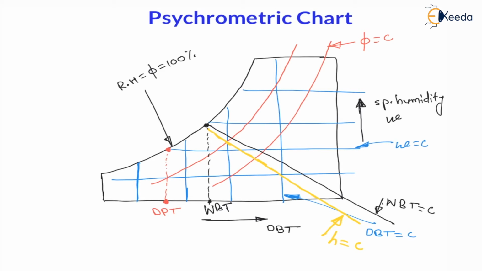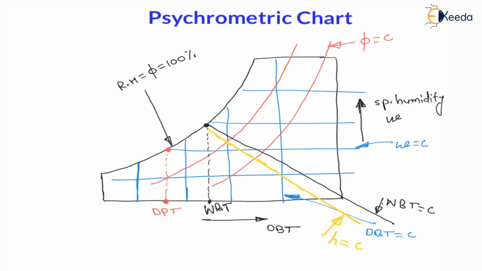Truly speaking, there is slight deviation between the wet bulb temperature line and the constant enthalpy line, but both are sloping downward to the right. For practical purposes, we are considering the wet bulb temperature line and the constant enthalpy line as parallel lines.